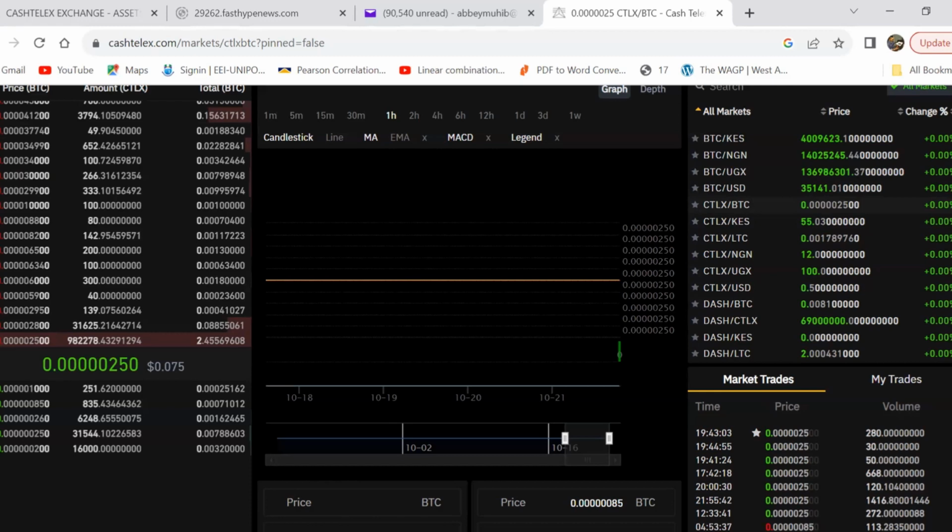At the end of it all, the most important reason we're all here, and why we're trying to ensure we are real CashTelex investors, is for us to make something out of it, so it translates to maybe you withdraw or you deposit. We're going to be doing that in the next training.